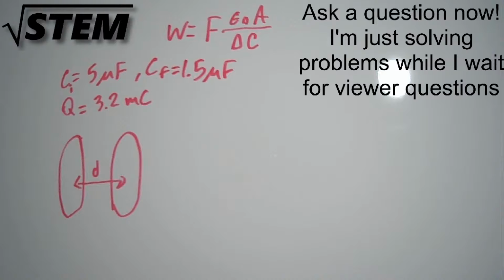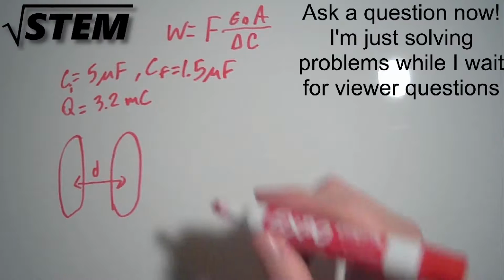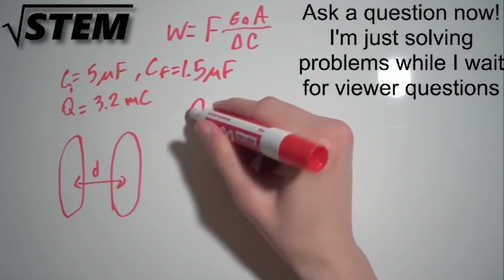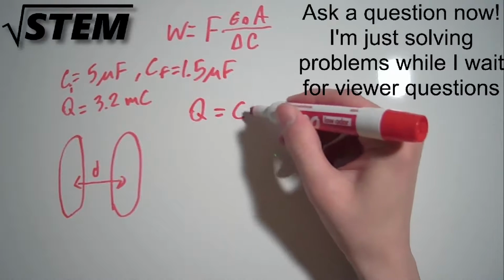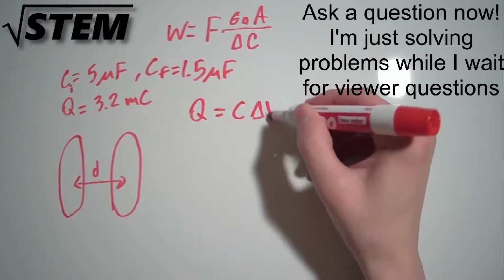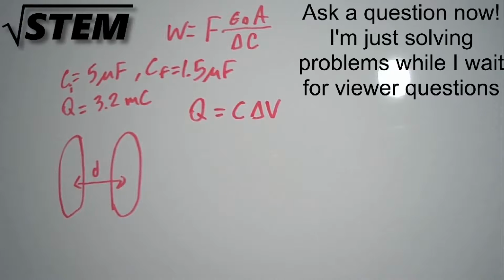So we don't have any information about the magnitude of the force or the time that it's happening. Let's see. What else can we write down that we know? We know Q equals C times the potential difference across the capacitor.